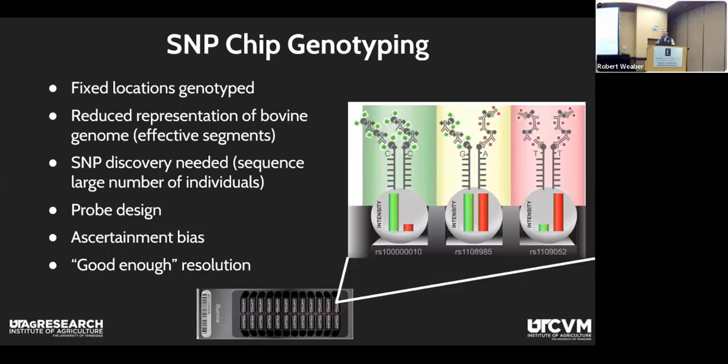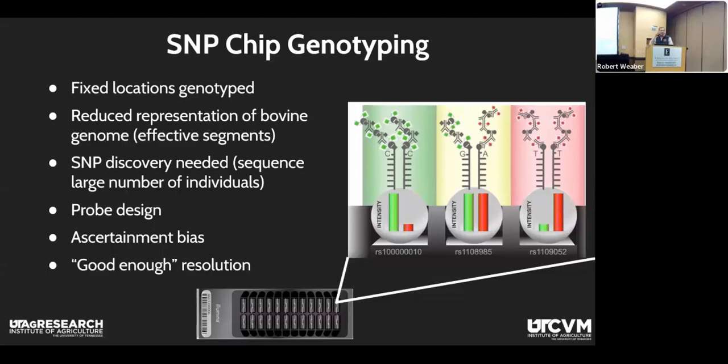And again, the biggest thing perhaps that we run into with chips is this idea of ascertainment bias. This is not unique to chips. We'll come back to this as we start to think about imputation in a low-pass context. But the discovery population in which you're observing these initial variants is going to dictate which variants end up being those high minor allele frequency, evenly spaced variants.